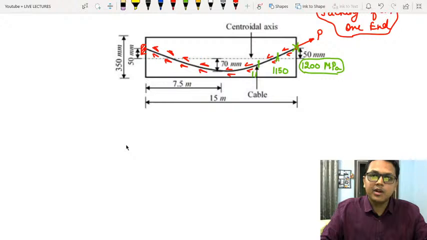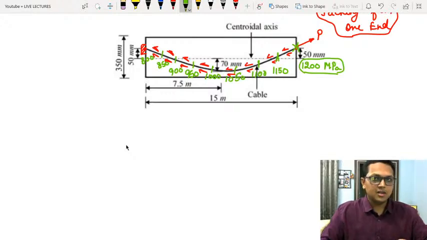So at this point it will be left with 1100, then 1050, then 1000, then 950, then 900, then 850, and then 800. So this loss of the pre-stressing force due to the friction along the cable length has to be taken into consideration.